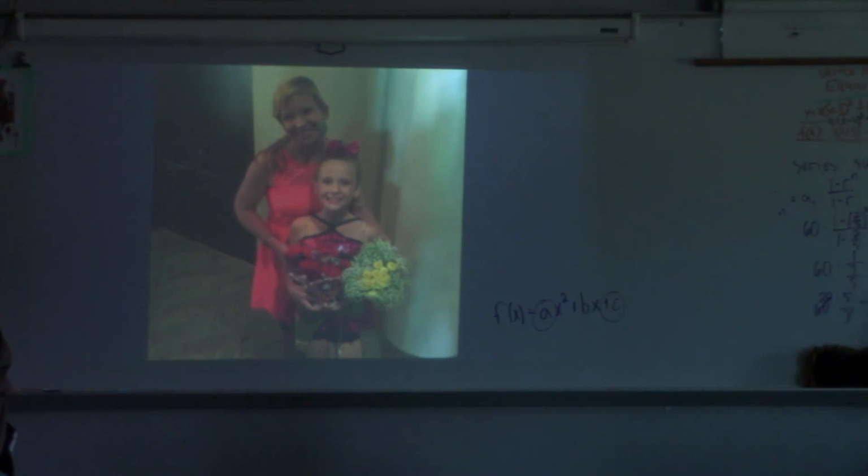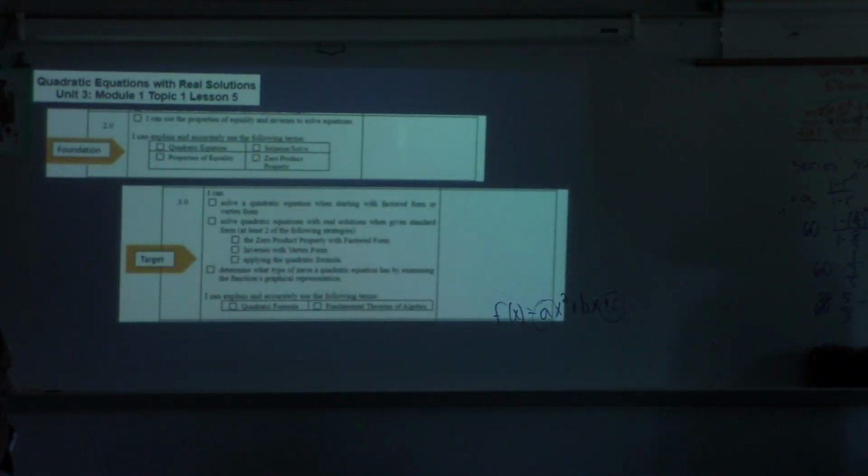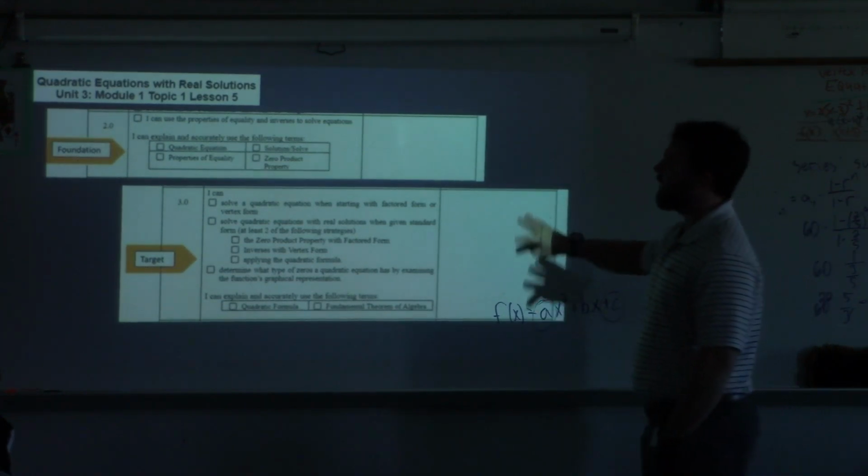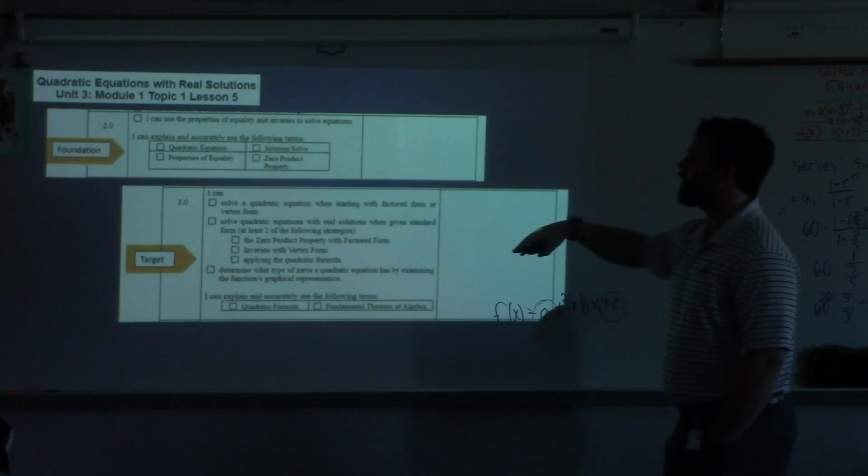So getting into the math, when we get started in a second, that's when I'll print out the proficiency scales for today. But this is what we're going to be moving into. So I just pulled the foundation and the target. Again, I'll be printing this out for you soon.